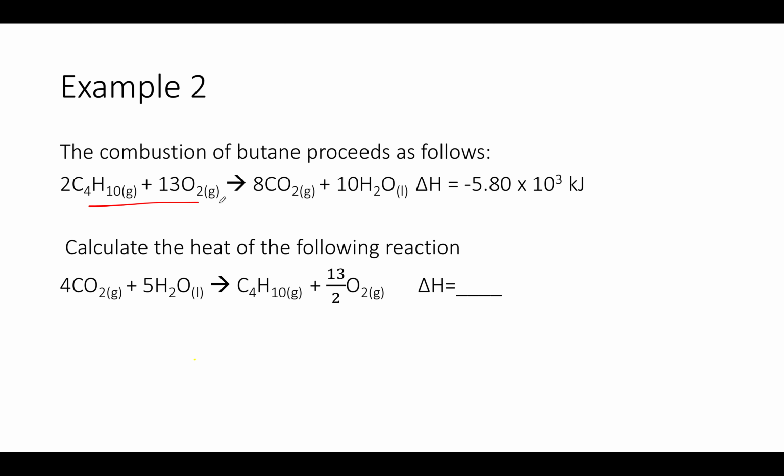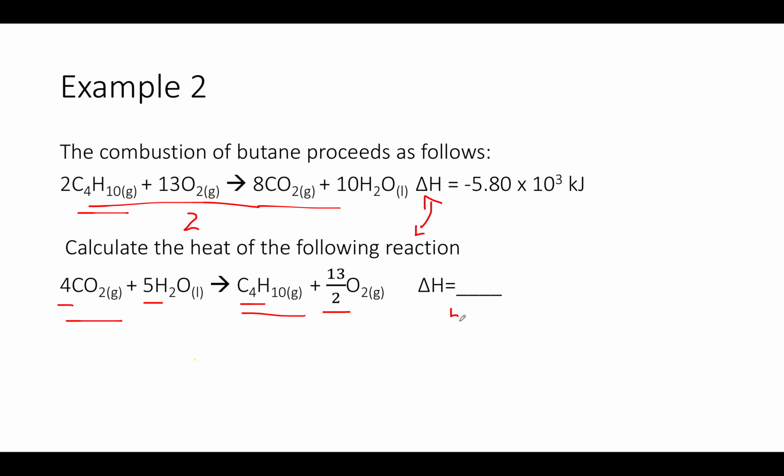We divided this whole reaction by 2. So that gives us 4 moles of carbon dioxide gas, 5 moles of water, 1 mole of butane, and 13 halves of oxygen gas because we divided everything by 2. But we also flipped it because our products here are reactants here, and our reactants here are our products here.